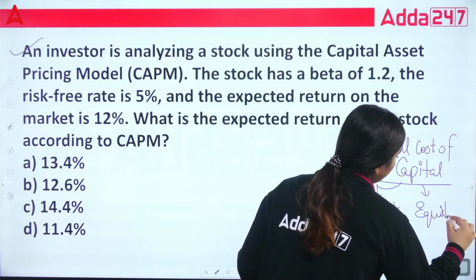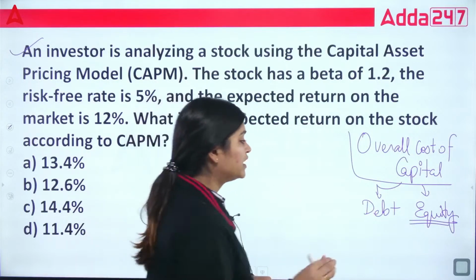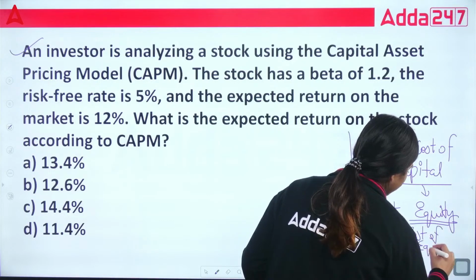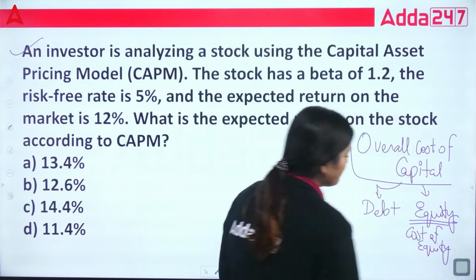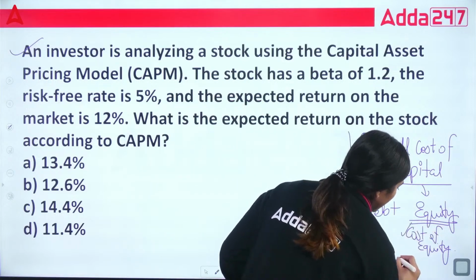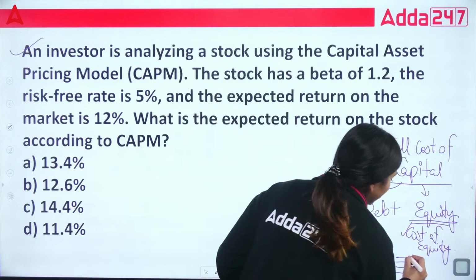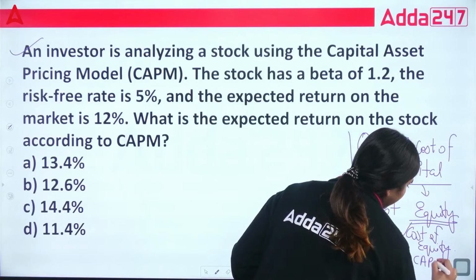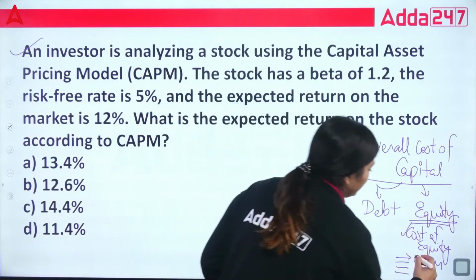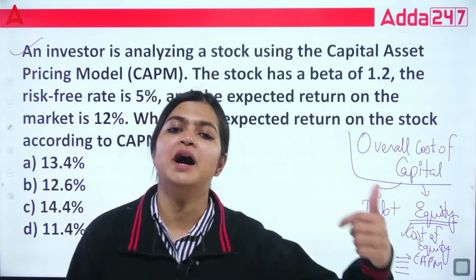And for this equity, we have four different methods for calculating the cost of equity. One of those methods is your CAPM, which stands for capital asset pricing model. And in this we are setting the relation with the market.